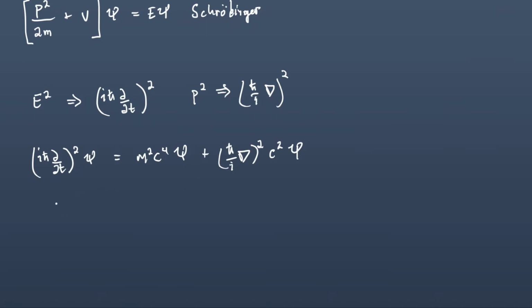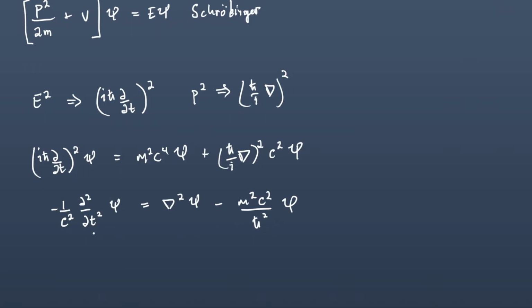So it's going to look like this, where we have negative 1 over c squared times d squared dt squared phi equals, and I'm going to rearrange this a little bit too, the gradient squared phi minus m squared c squared over h bar squared times phi.